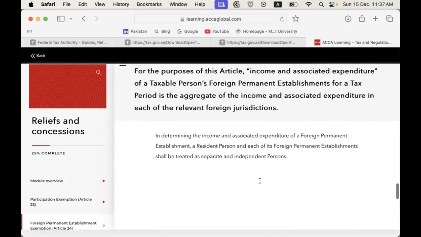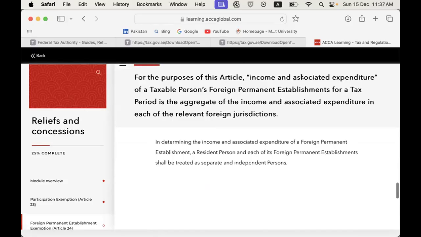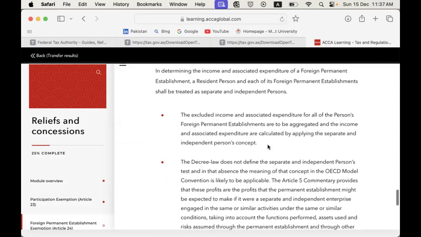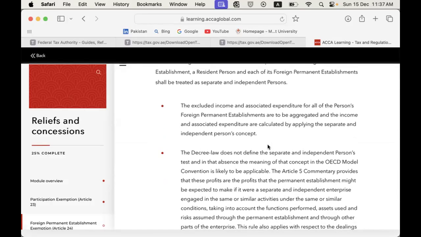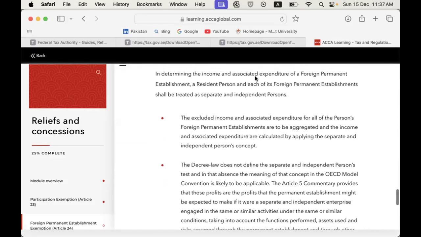Income and associated expenditure. The income and associated expenditure of a taxable person's foreign PE for a tax period is the aggregate of the income and expenditure in each of the relevant jurisdictions. In determining the income and associated expenditure of a foreign permanent establishment, a resident person and each of the foreign permanent establishments shall be treated as separate and independent persons.